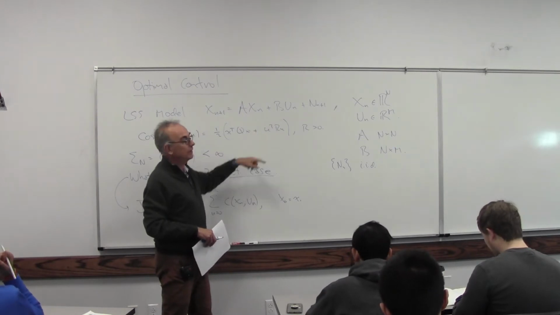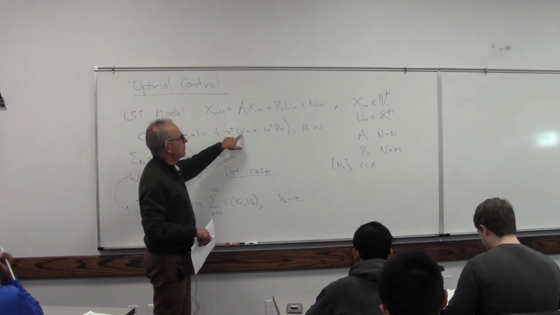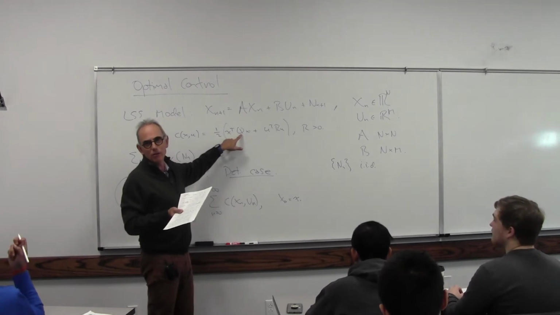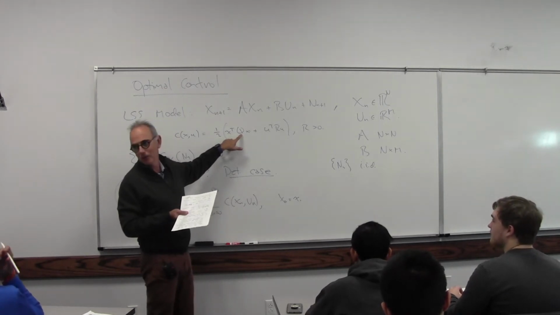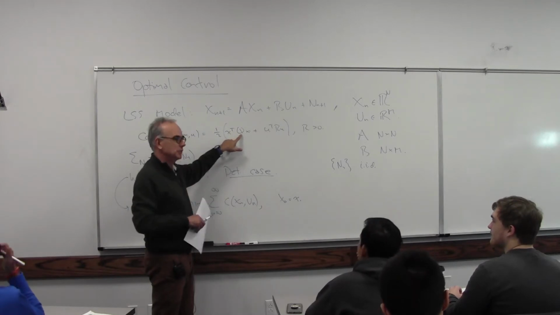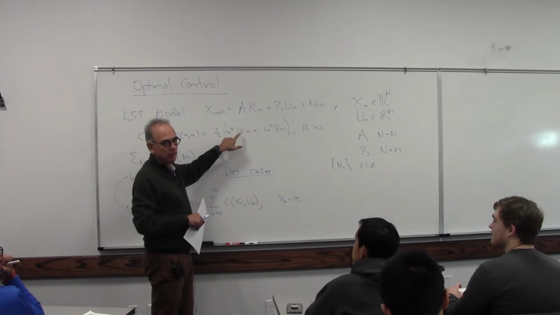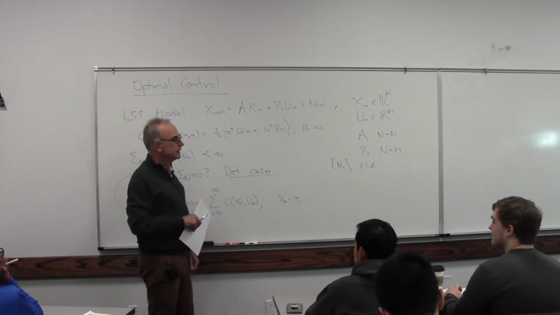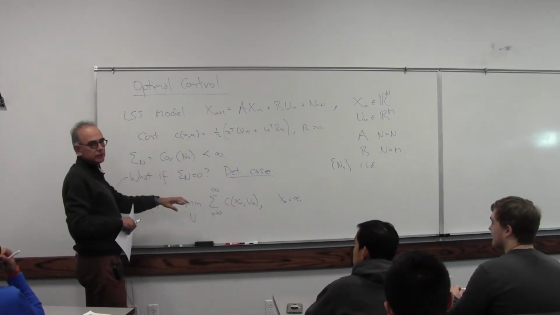And the state might not go to 0, depending on assumptions on Q, but assumptions are usually imposed that say that x has to go to 0 as well. This is what's called an observability property that implies that x has to go to 0 as well. So basically, we're trying to drive the system to 0.